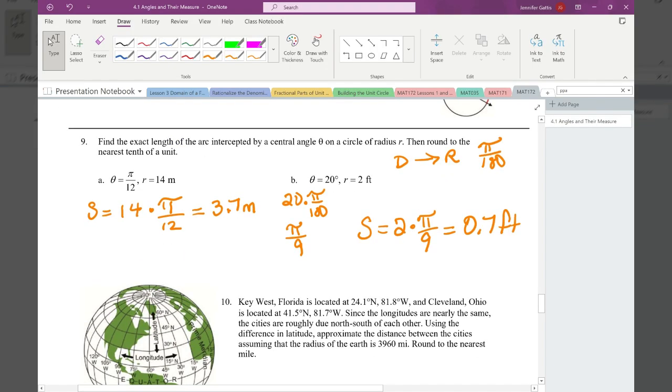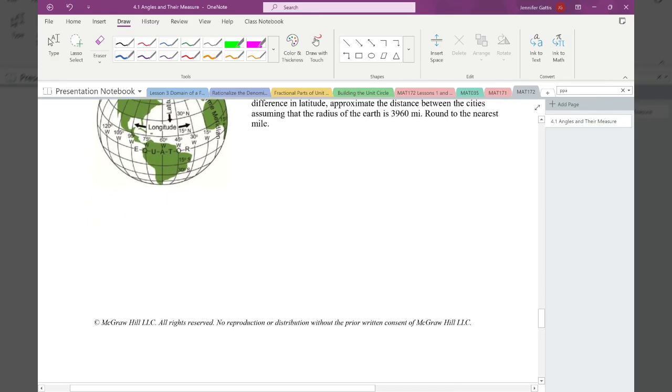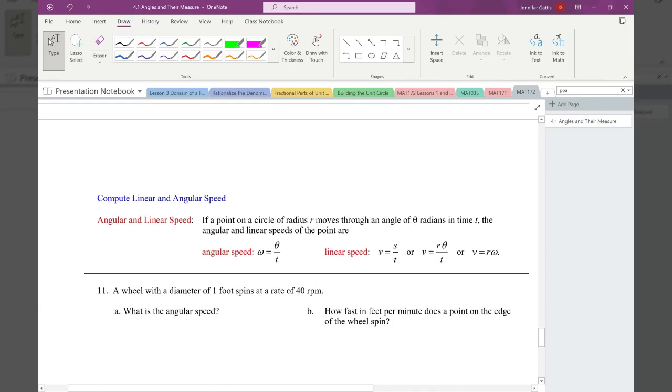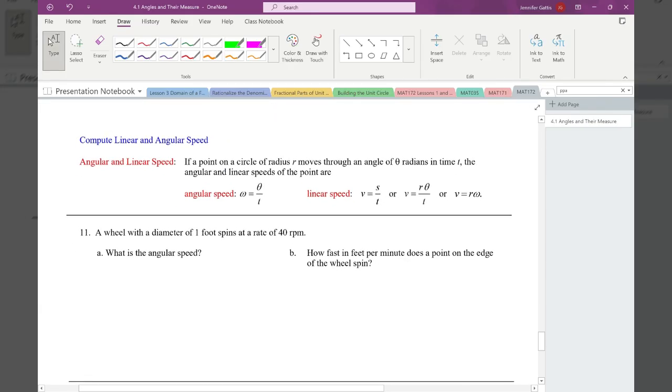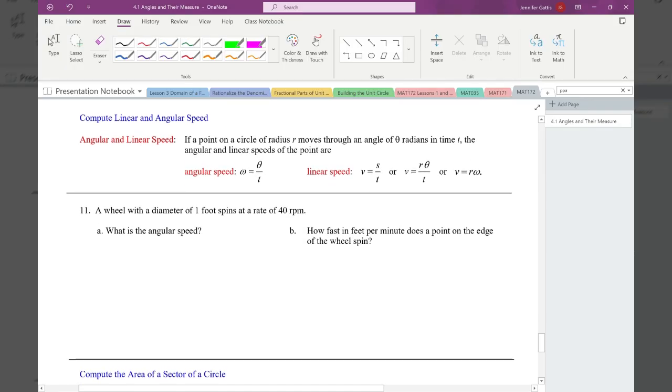All right. We're not going to mess with the formula or calculating that distance there with the globe. What we do want to look at, though, is angular speed, and then we're going to get into area of a sector. So angular speed, this is the speed that the wheel is spinning.